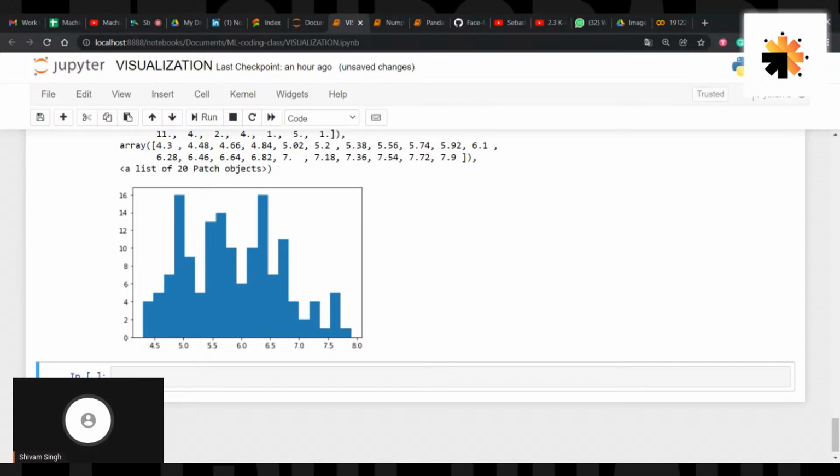Because most of the distributions existing on this planet try to follow a normal distribution curve. A normal distribution curve is nothing but a bell shaped curve. And why do we want to make any kind of distribution a normal distribution?